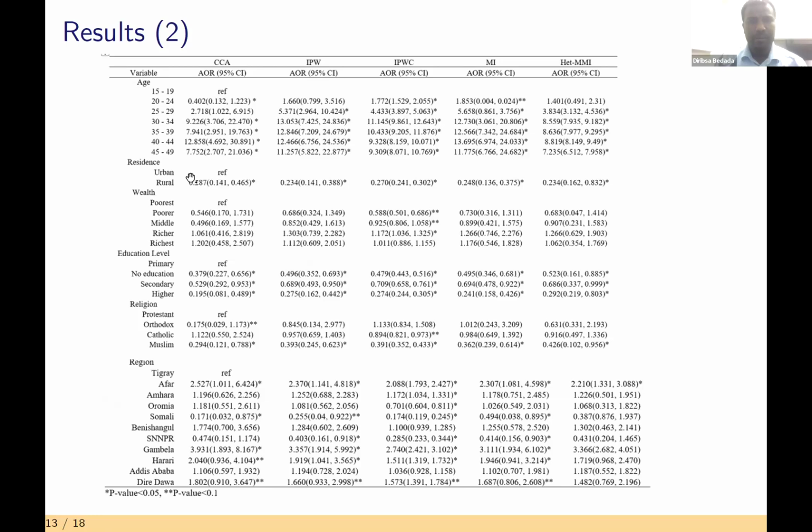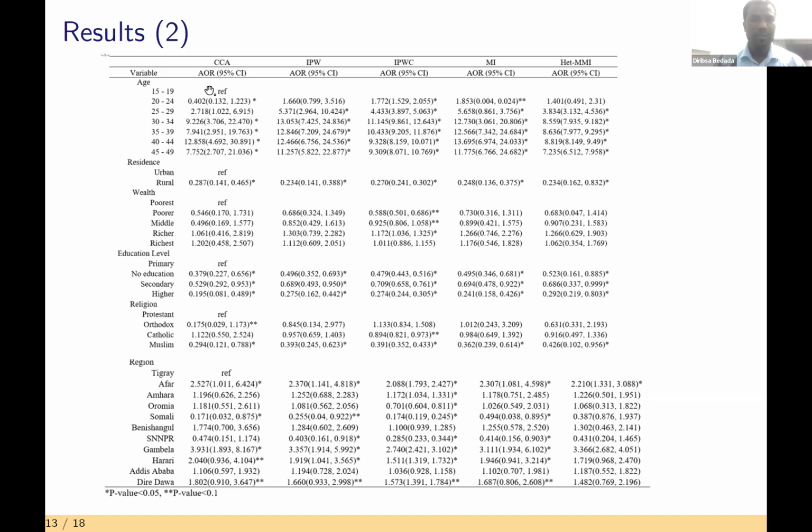So this is a result after imputing the missing information using the 5 different approaches, including the one which accounts for the survey weights as well.